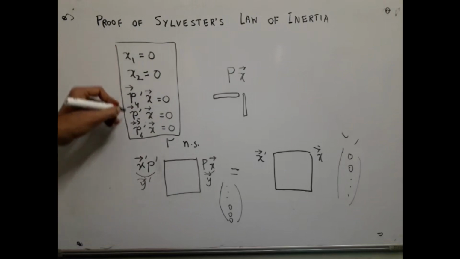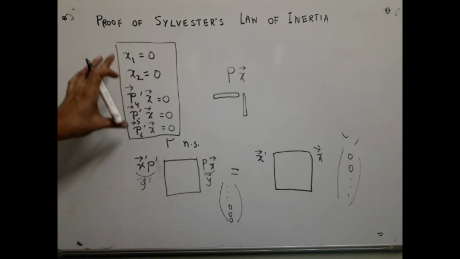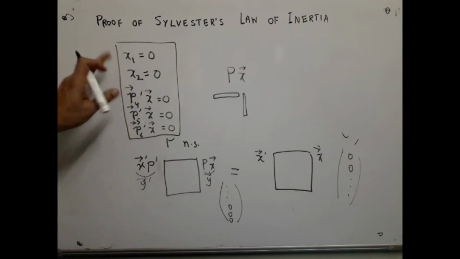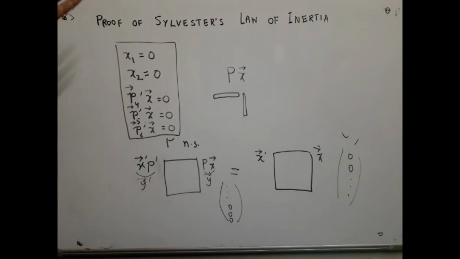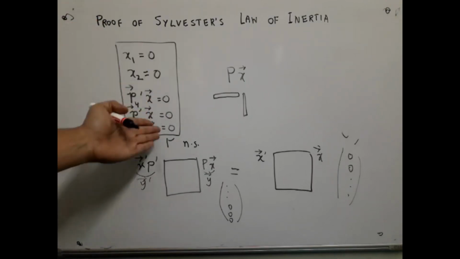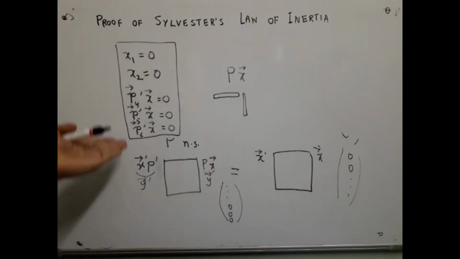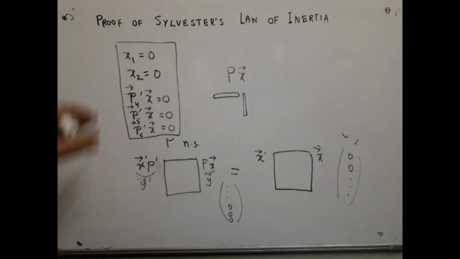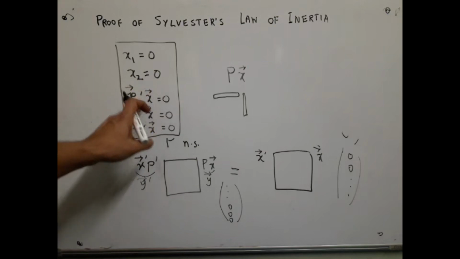And how many restrictions do I have? 5. Which the number is less than 6. So I have got 6 unknowns and only 5 restrictions. Whatever those restrictions are, obviously they cannot be contradictory. It will always be consistent because it is a homogeneous system. So I can always solve such a system, and not only that, I can get a non-zero such vector.